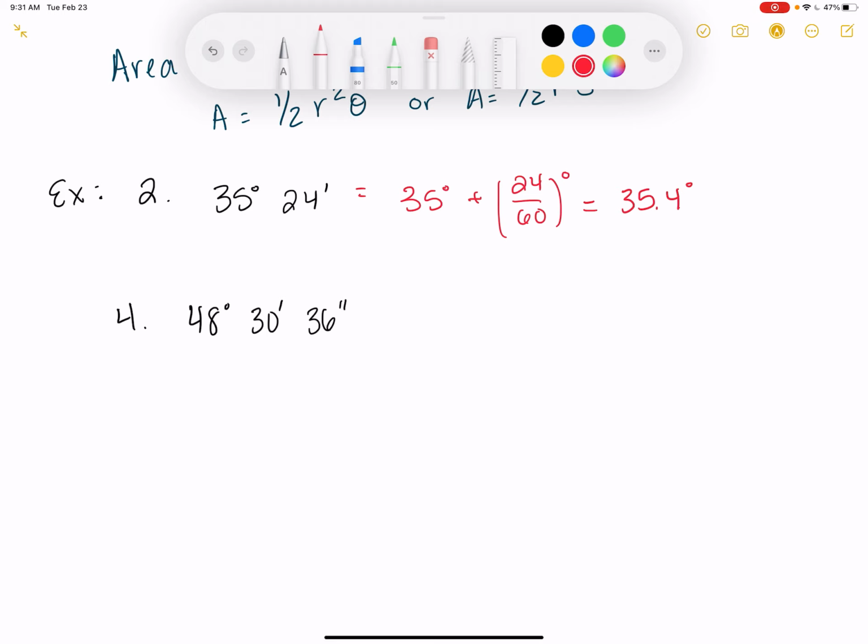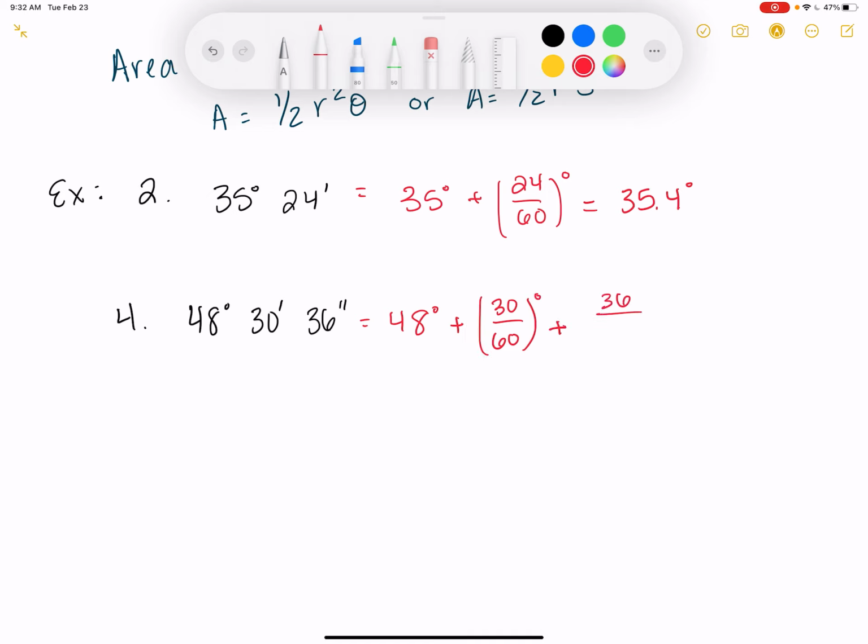So we have 48 degrees plus 30 over 60 degrees plus 36 over 60 times 60, which is 3,600. Then we add it up.